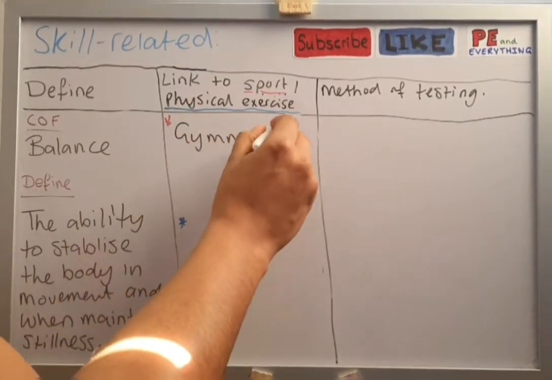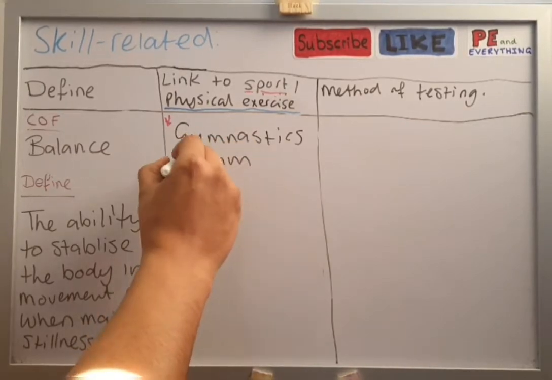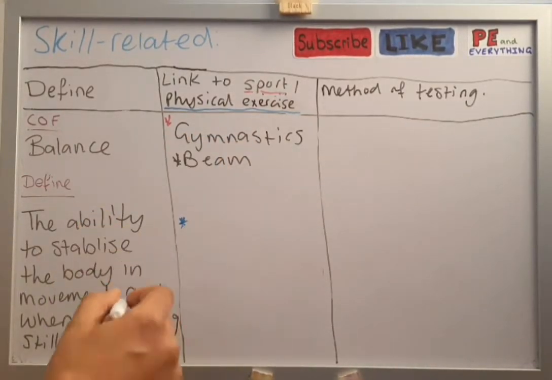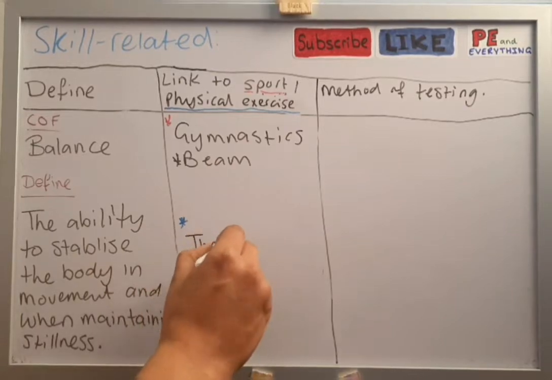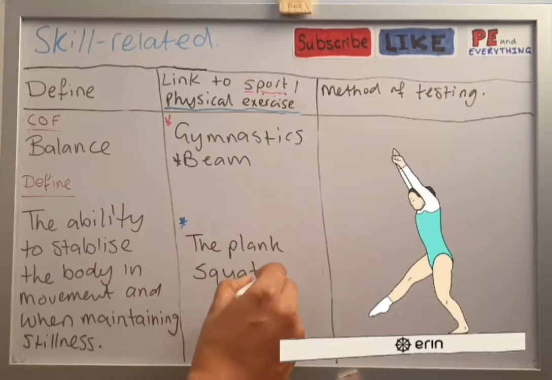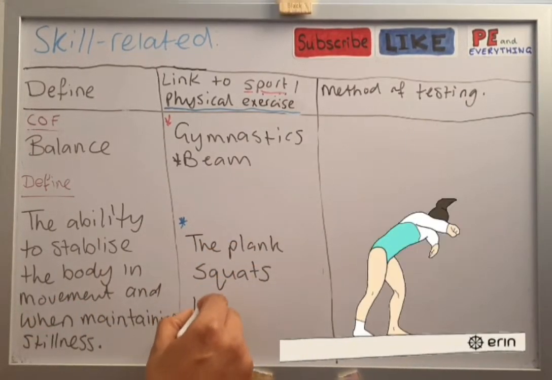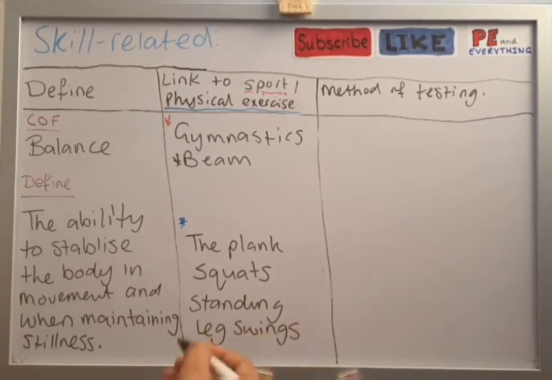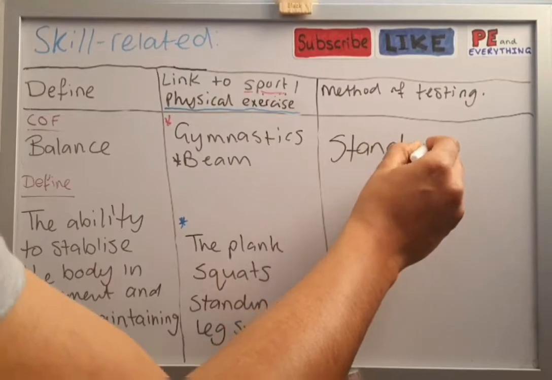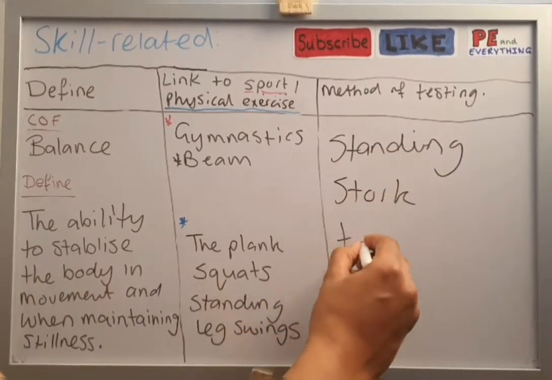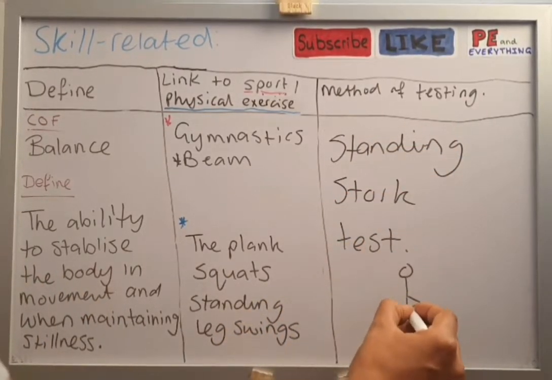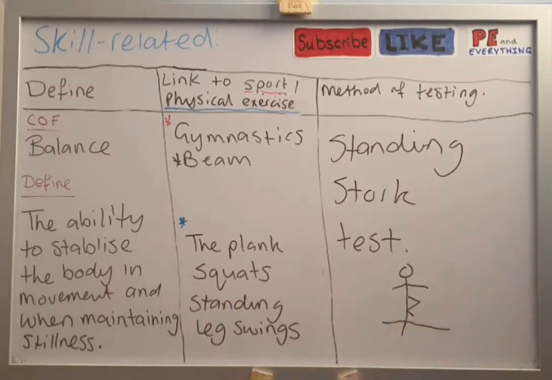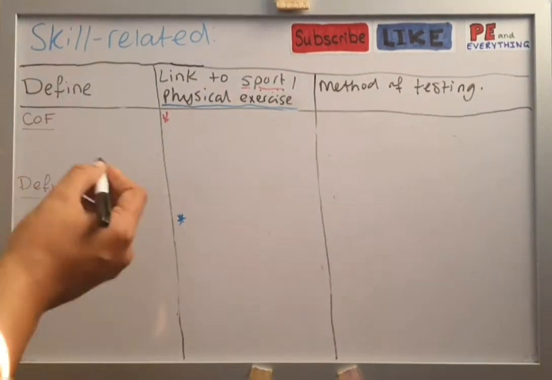Almost all sports require stillness or balance in a technique or movement. It is where you maintain your center of gravity, but I've put the beam in gymnastics here, which is an obvious one. Exercises that could improve or require good balance are the plank, squats, or standing leg swings, and a method of testing would be the standing stork test, where you stand on one leg and flex the other.